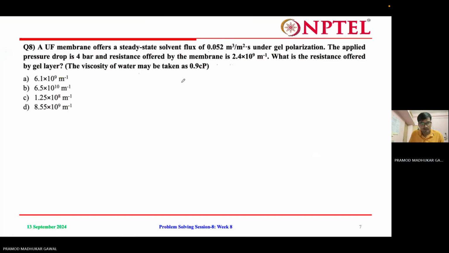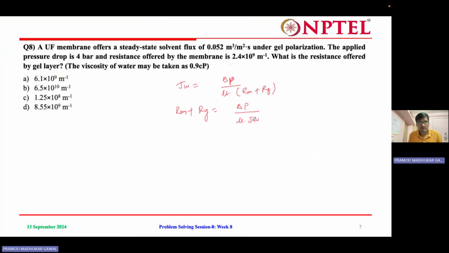Like Jw is equal to delta P by viscosity into Rm. Here there are two resistances: the resistance offered by the membrane and the resistance offered by the gel layer, Rm and Rg, right? So take Rm plus Rg is equal to delta P by mu into Jw, right?